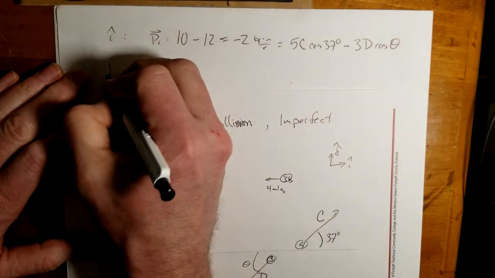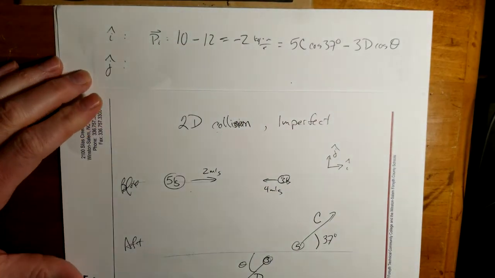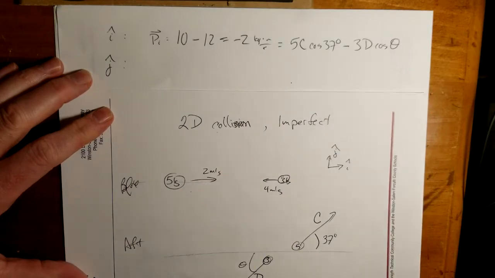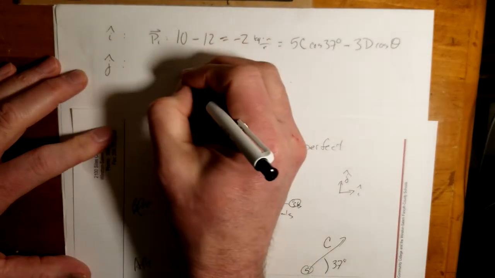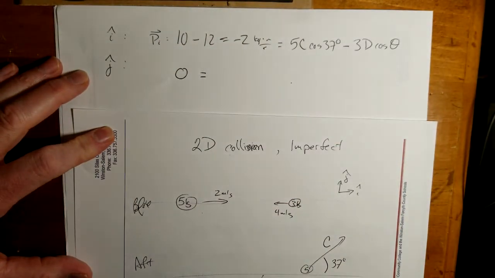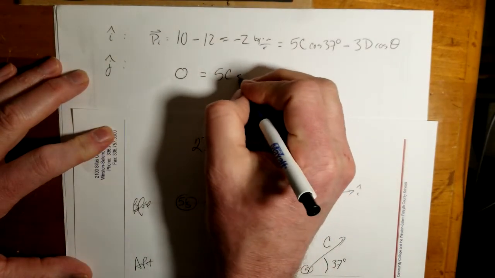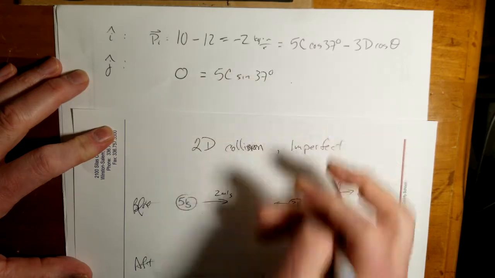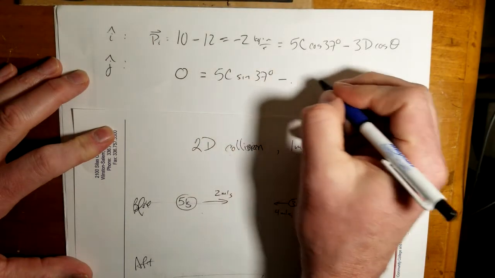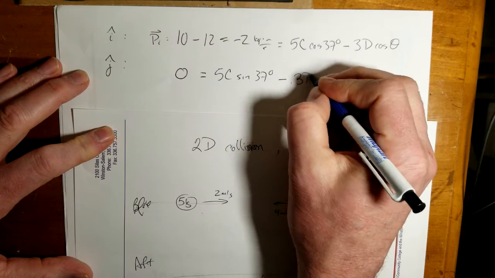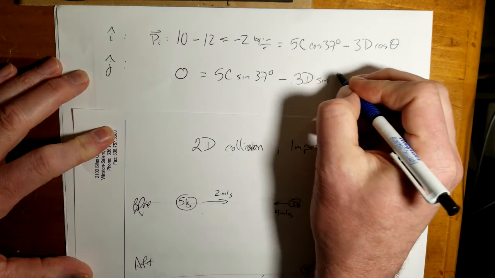My j hat equation, well, initially I don't have any momentum in the j hat direction, and so it is 0 equals, and I'm looking at the vertical components here. So this is 5c sine of 37 degrees minus 3d sine of theta.